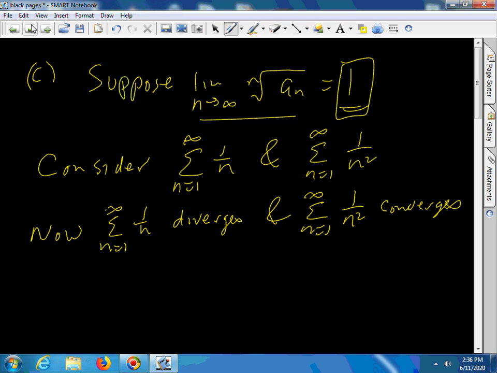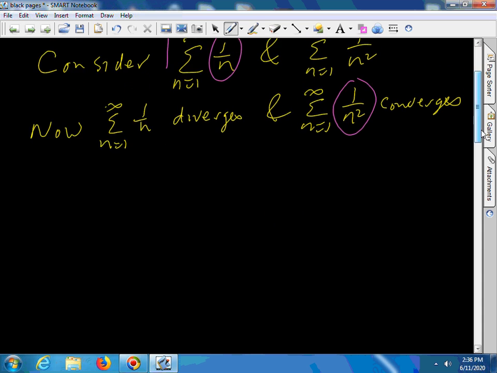That doesn't mean the test failed. I want to show that the nth root of this goes to 1, and the nth root of that also goes to 1. So that is what I'm going to show. The limit as n goes to infinity of 1 over n, the nth root. What does this equal? Well, we are going to write it slightly different.